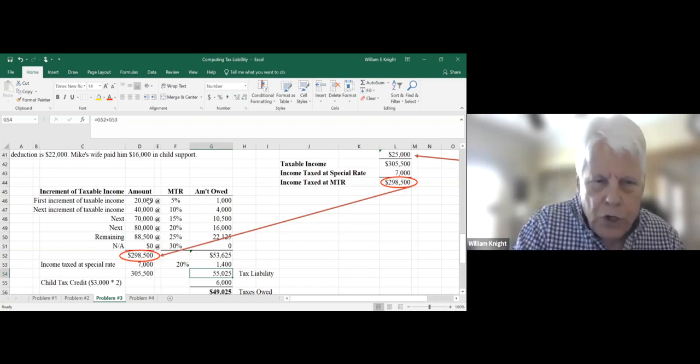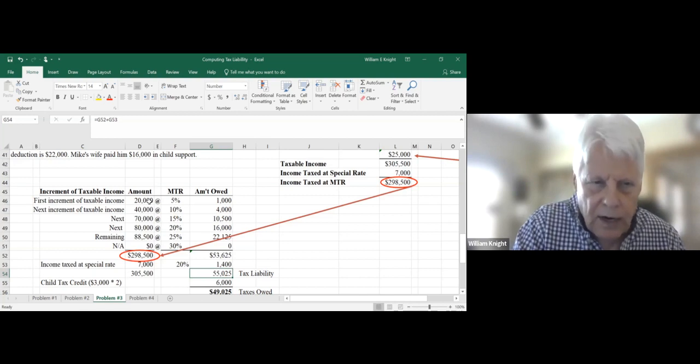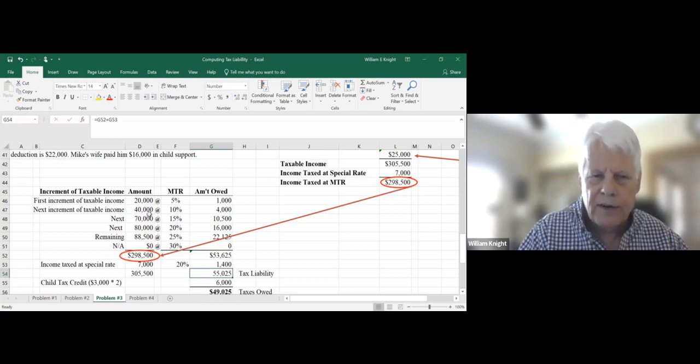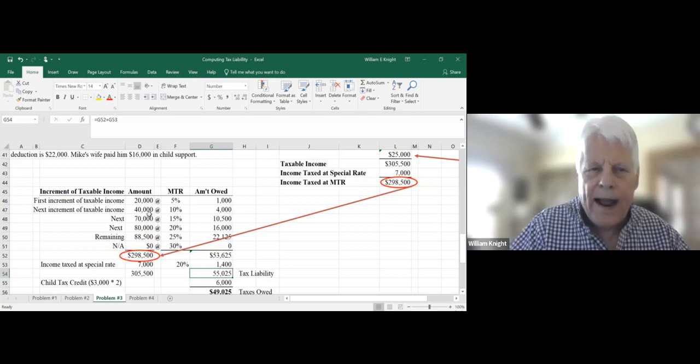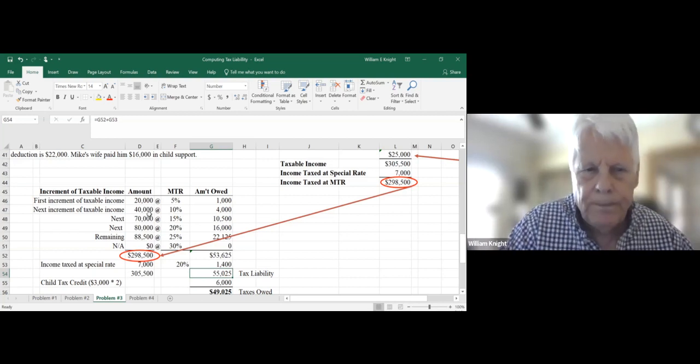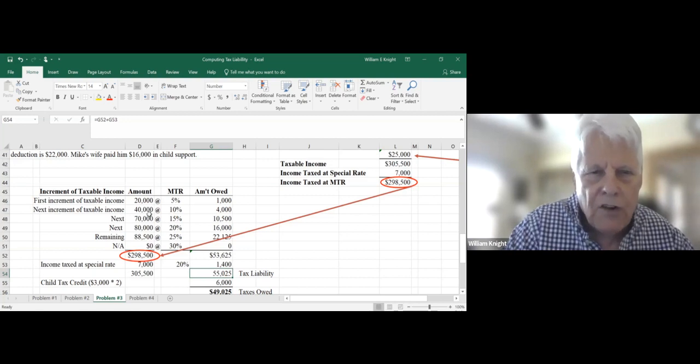And in the first 2 problems, the span of the second increment of income was $35,000. Here it is $40,000. So this is how the IRS accounts for the different filing statuses. Or would that be filing stati?